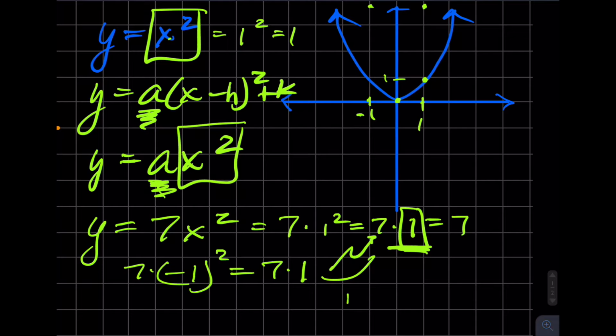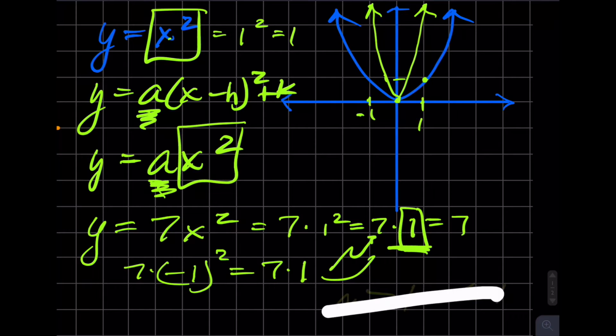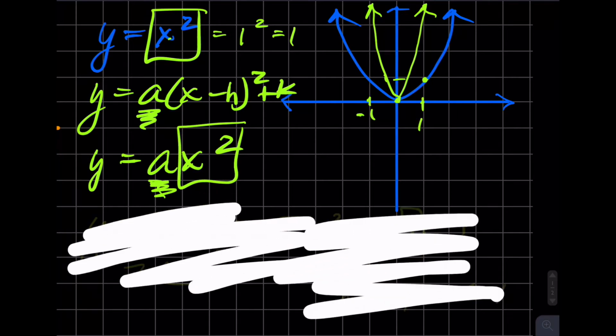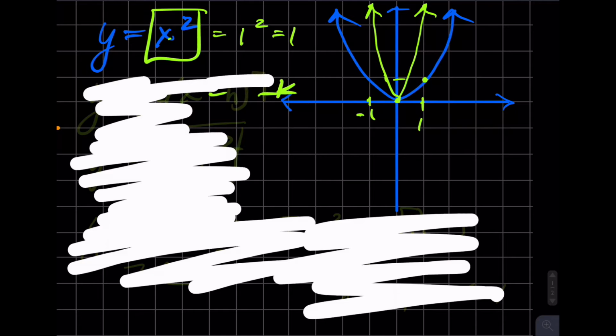If that a value is greater than 1 or less than negative 1, my parabola gets skinnier, or as I say, it makes me shoot up the y-axis way faster. Or if it's negative, it'll go down the y-axis a lot faster.